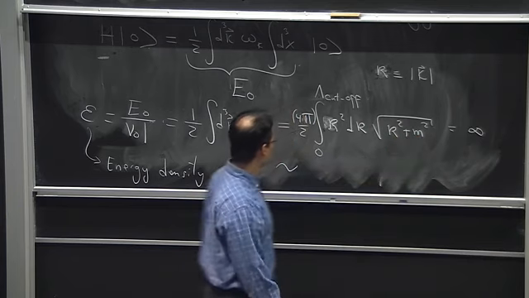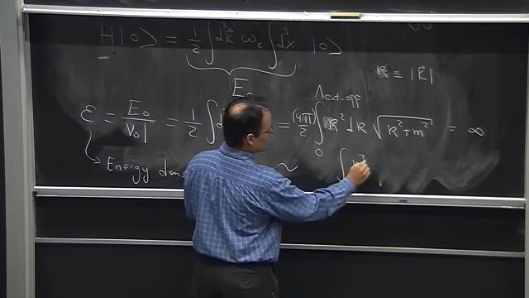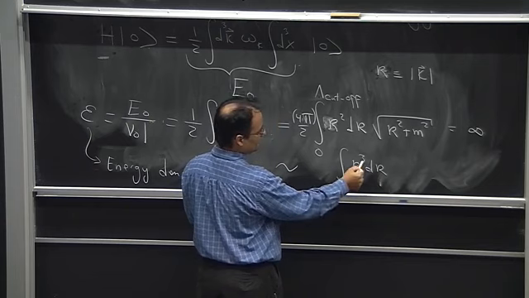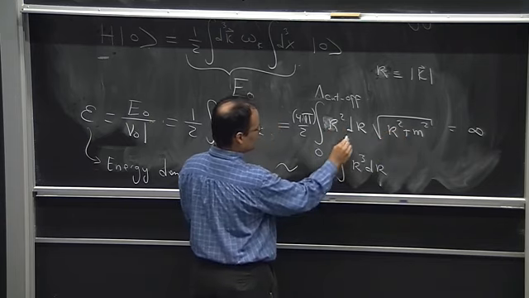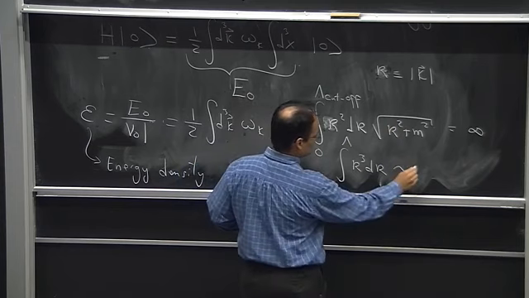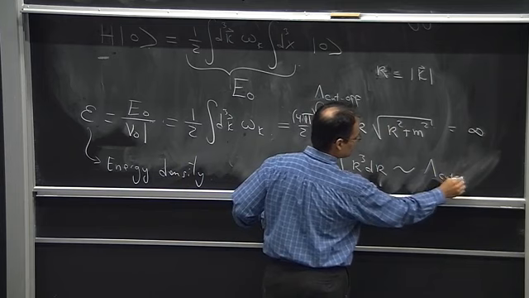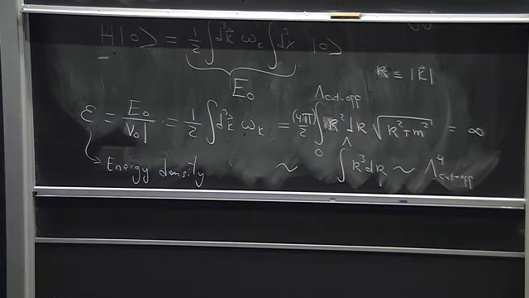So I can forget about this and think that my integral is an integral over k cubed dk. The cube comes from 2 powers from here and 1 from here, up to the cutoff scale. And this integral behaves like the cutoff to the 4th power. Okay? So it depends as the 4th power of the cutoff.